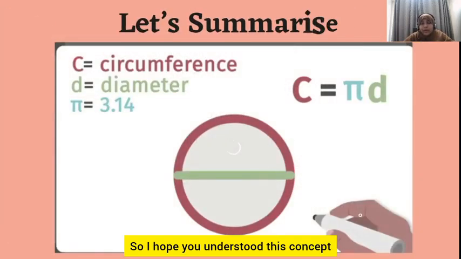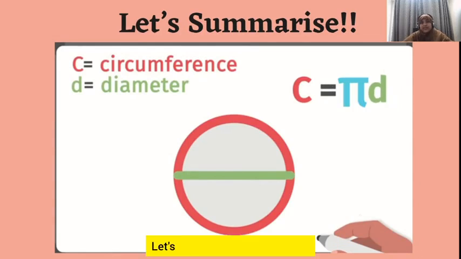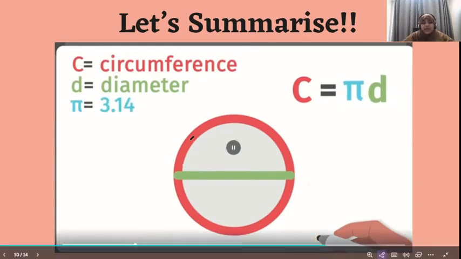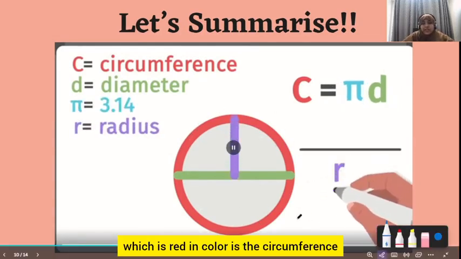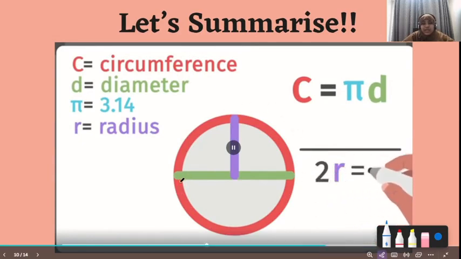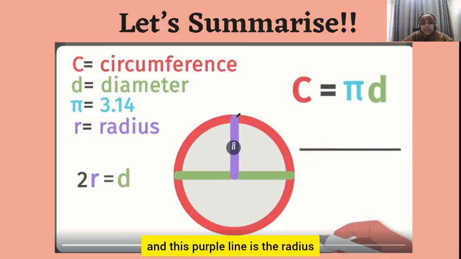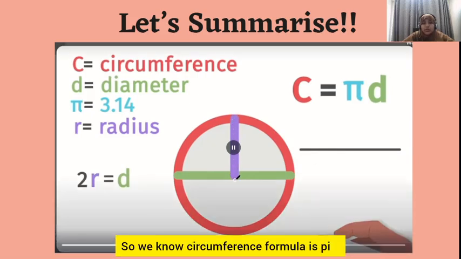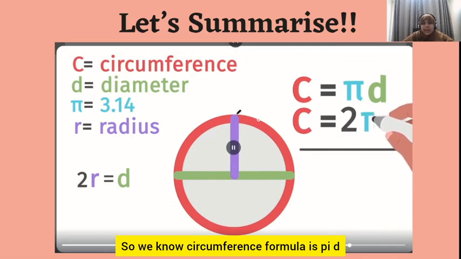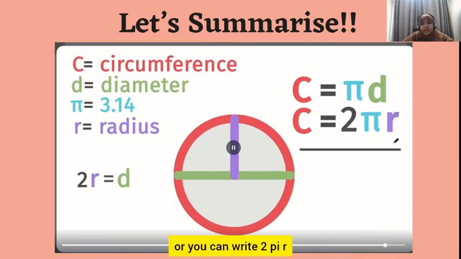So I hope you understood this concept. Let's summarize it quickly. The circle in red color is the circumference, this green line is the diameter, and this purple line is the radius. We know the circumference formula is pi d, or you can write 2 pi r.